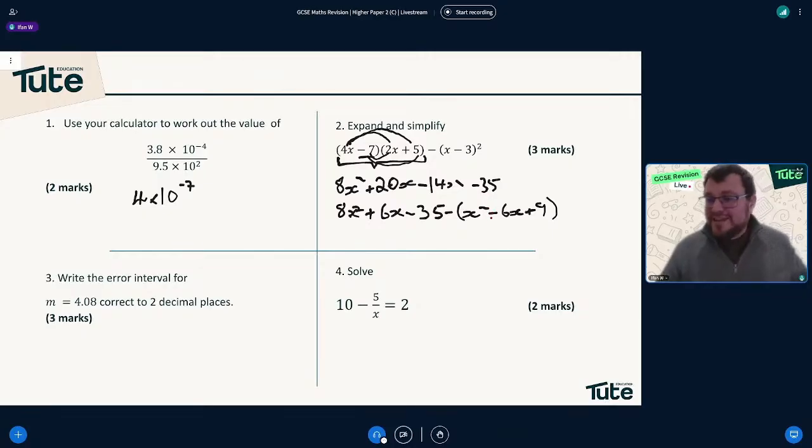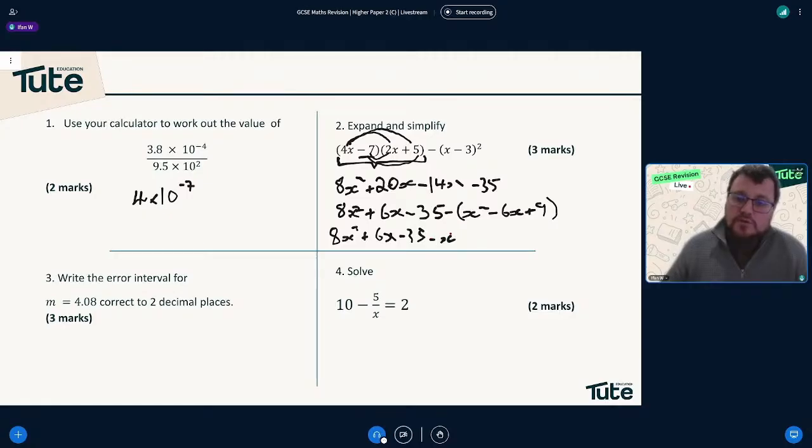Remember that when you're squaring a negative number, you do get a positive answer. Then you've got 8x squared plus 6x take away 35. Now, everything within this bracket here, you are now multiplying out by negative 1, right?